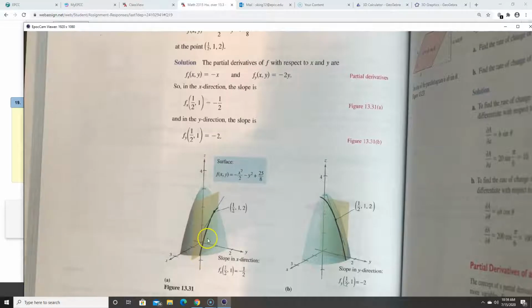The same thing here. You have to move from negative x values to positive x values in that direction, but we've just moved over here at y equals 1, because that's the point where they want us to find the slope on the surface at y equals 1 in the direction of the x-axis.